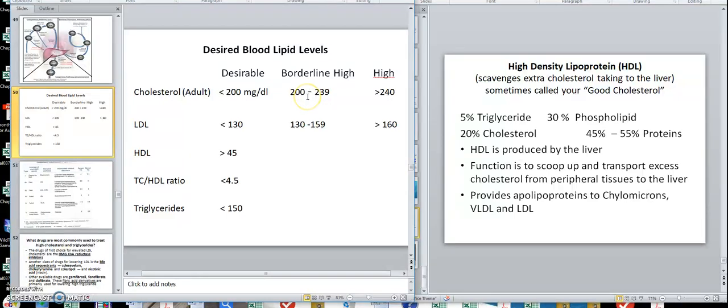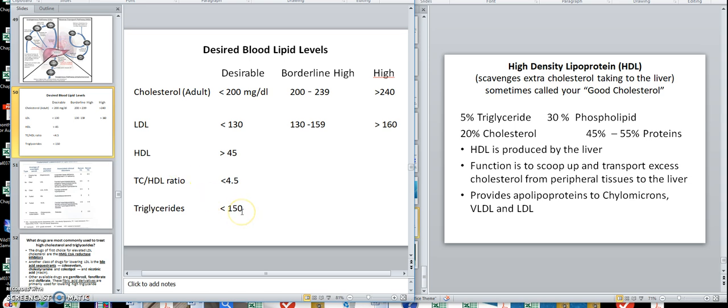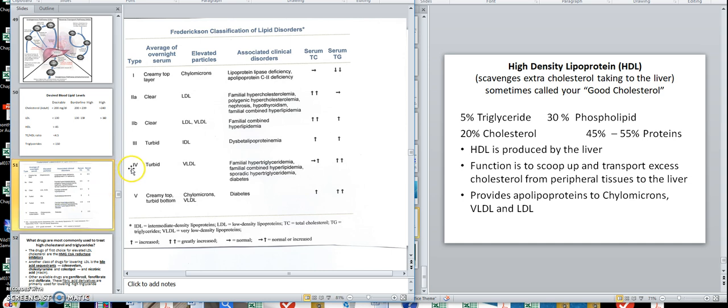So what we have here are these things called the familial hyperlipidemias. Familial means genetic in the family. Hyperlipidemia means high level. And there are different kinds. Some are LDL problems, VLDL. So when we look at your blood, if somebody had a high triglyceride and we gave them a diet and they were still high, then we would say, oh, they have type 4 hyperlipidemia. So this would be more of a genetic aspect.